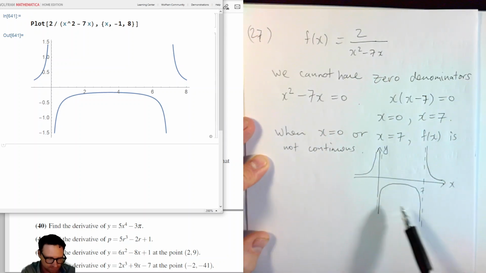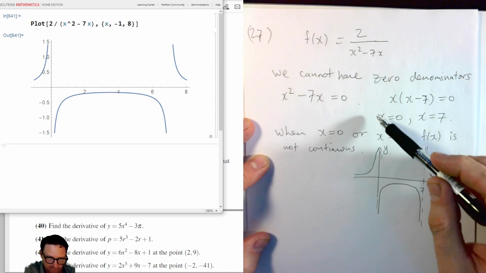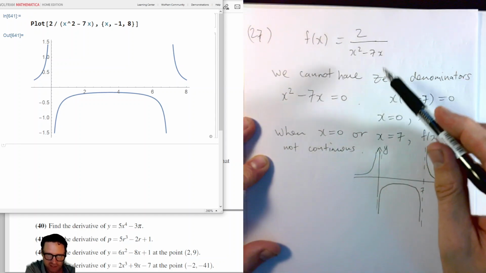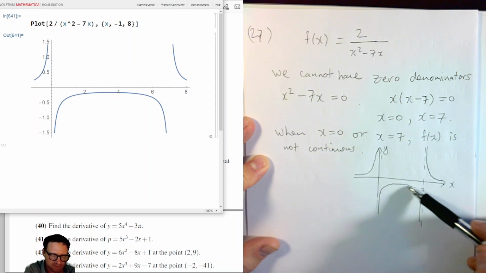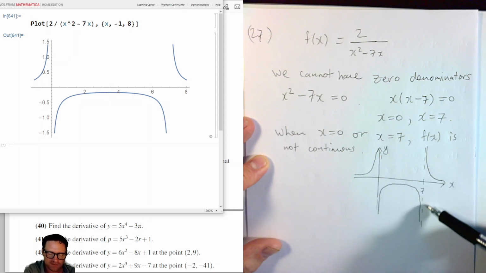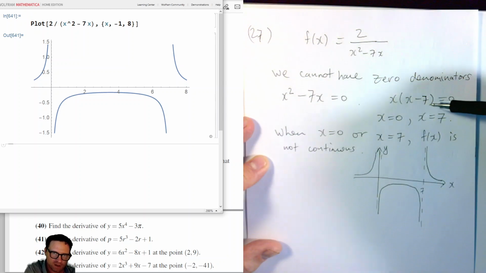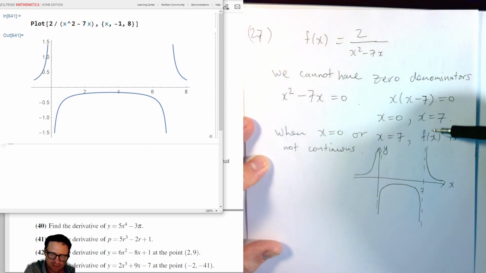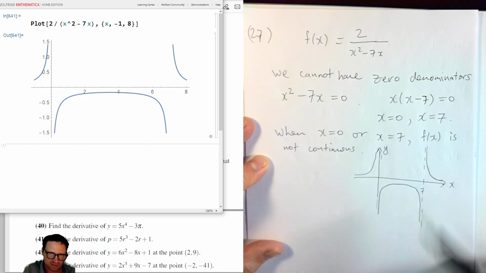In order to sketch this function, I have to lift my pen up here once I get to positive infinity, pick it up and come back down to minus infinity and keep going as we cross x equals 0. And then the same thing here, I come down to minus infinity, I have to pick up my pen, come up to positive infinity, and come down and keep sketching when x is equal to 7. Okay?